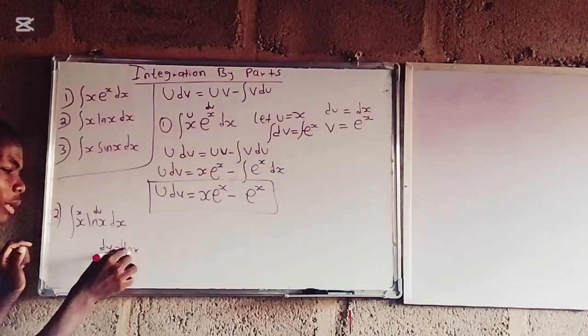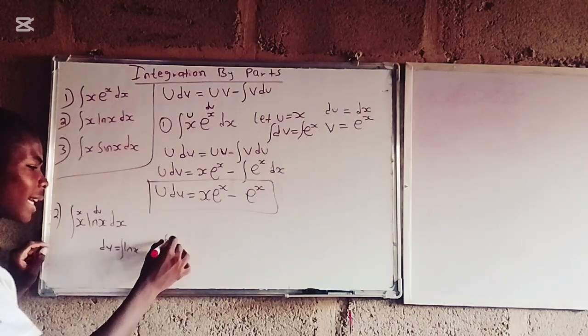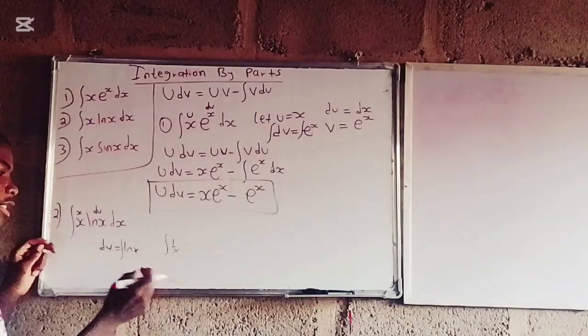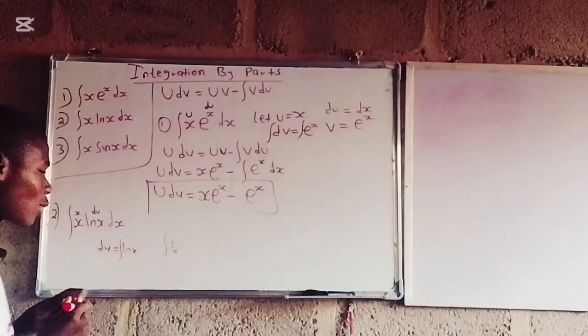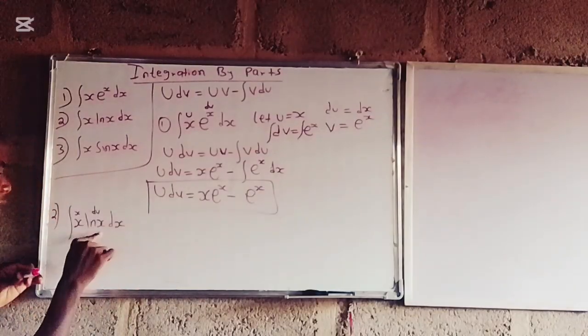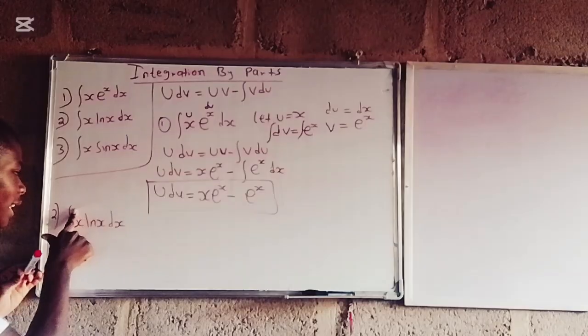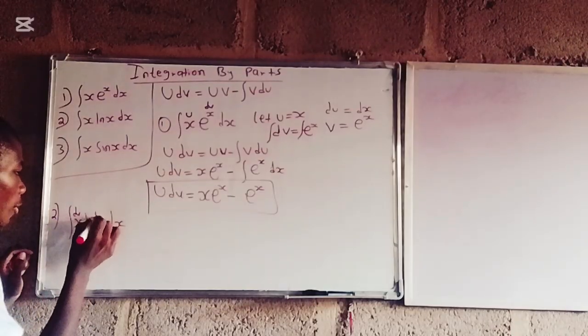Is it possible to integrate ln x? It is not possible, but it is possible to integrate 1 over x, and it should not become ln x, and it is possible to differentiate ln x to become 1 over x. So therefore there is no way to let ln x be dv, because you cannot integrate ln x. So this should now become dv, and this should now become u.